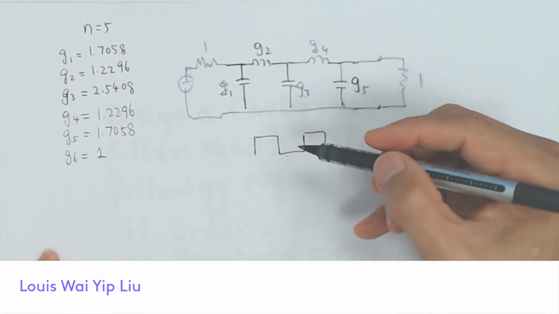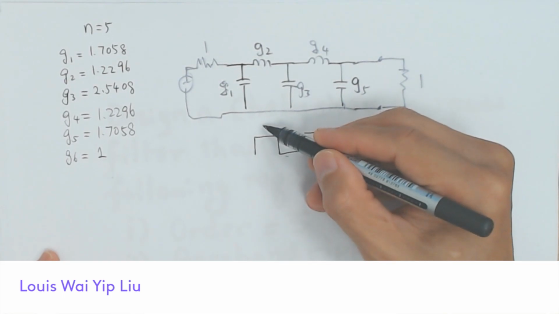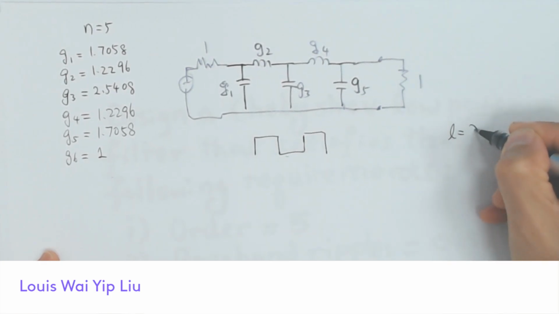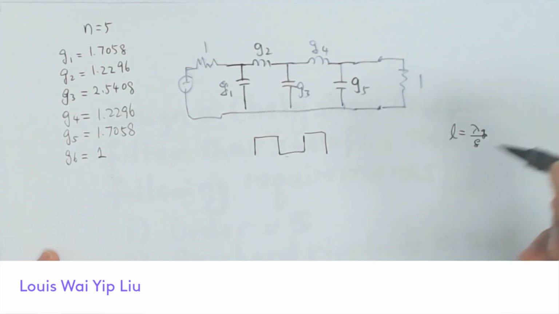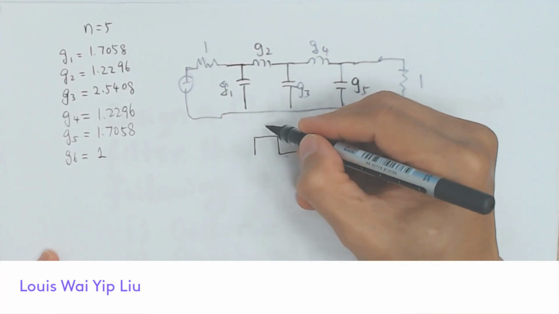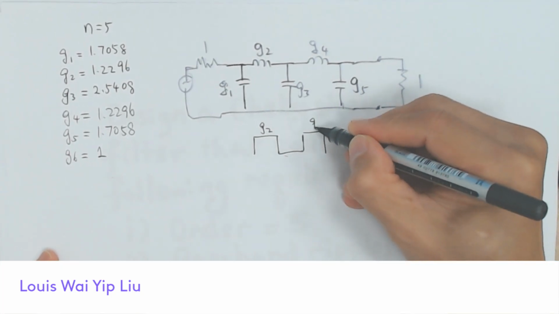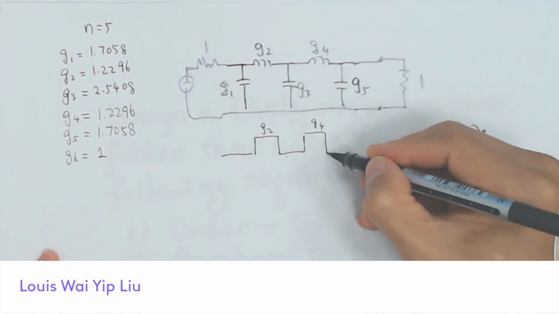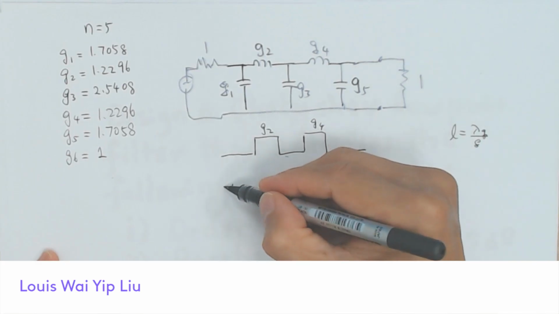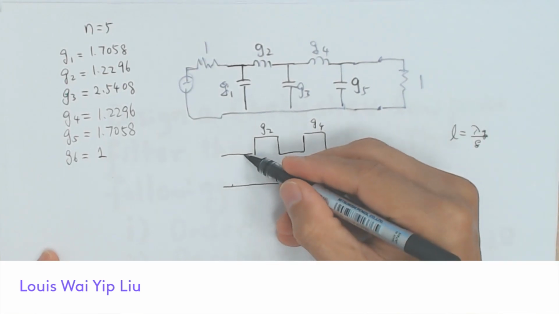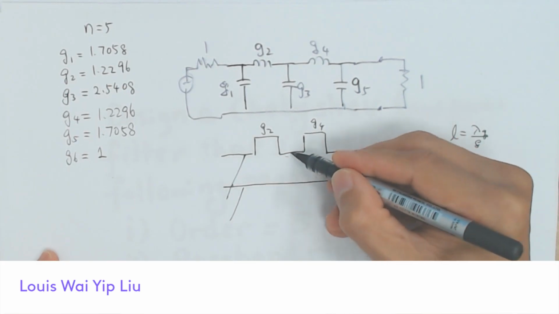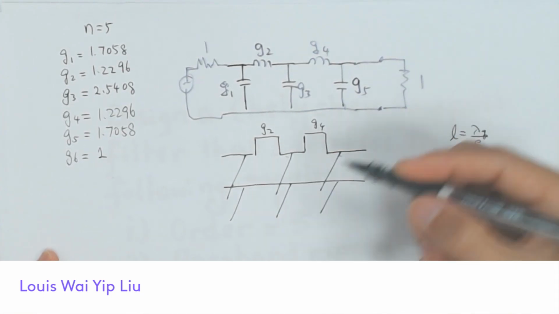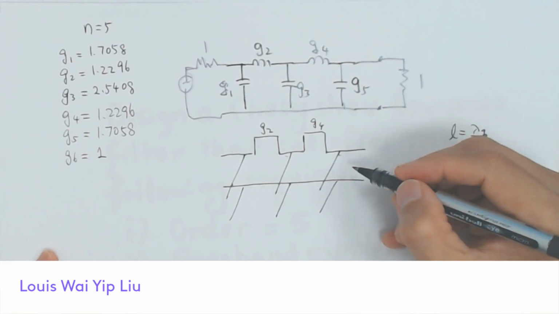So this is the so-called short circuit stub with the length equal to lambda divided by 8, for G2, G4, and here we will use open circuit stubs to handle this.